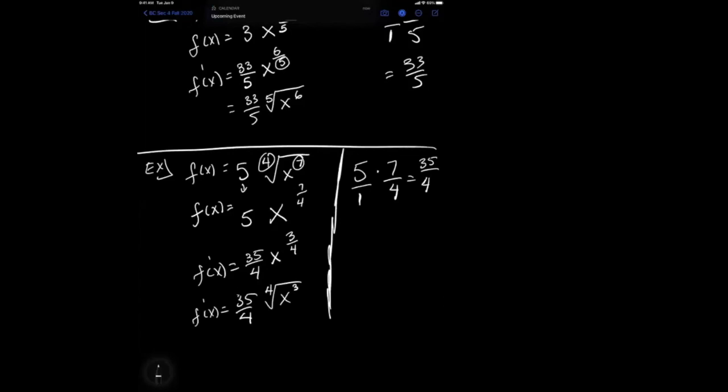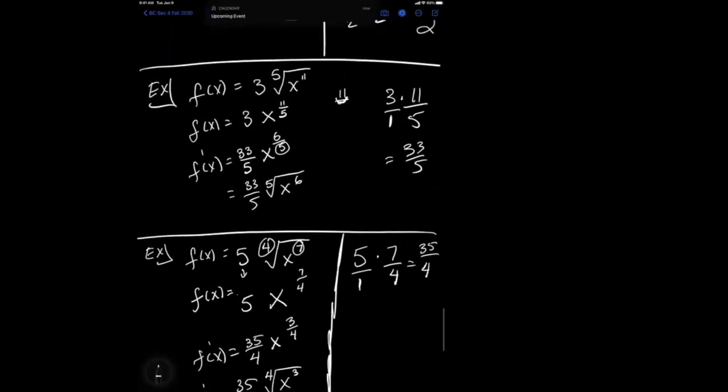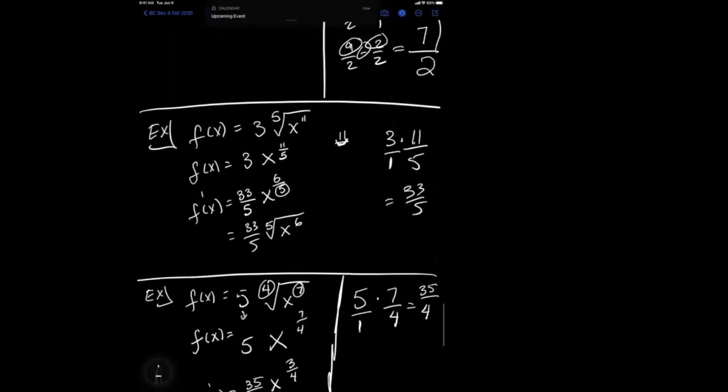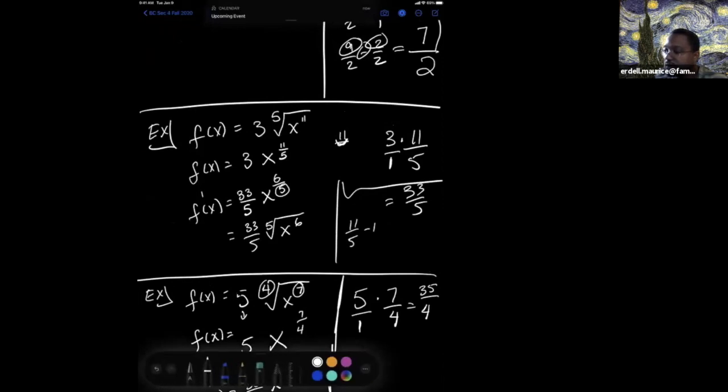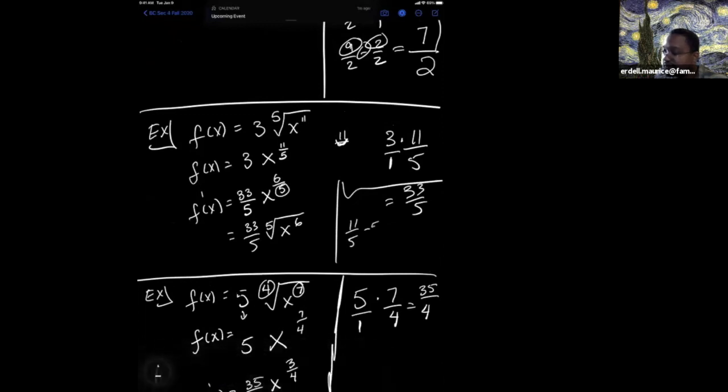For the earlier example, can you go back and show how you got to 6? 11/5 minus 1, because we always have to subtract 1, correct? Well, I need a common denominator, so instead of writing 1, I can write 5/5. Right?